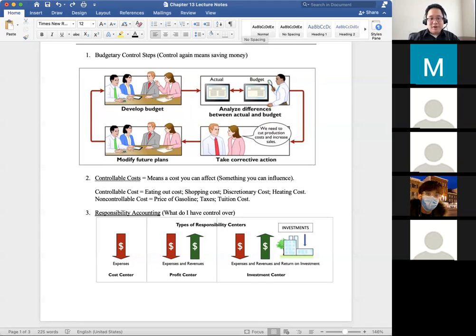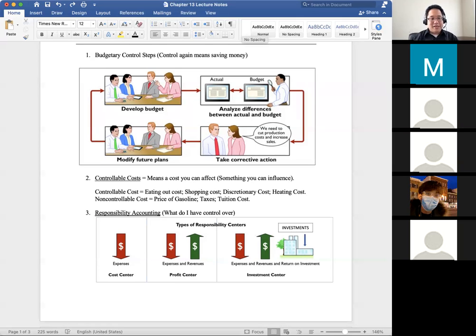Some daily expenses, good, Molly. Certain daily expense costs would be controllable. Any other controllable costs as a student? Yep, gym membership you can control, right? That's a good example.